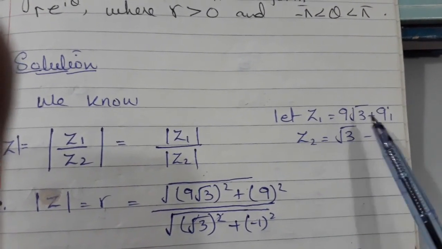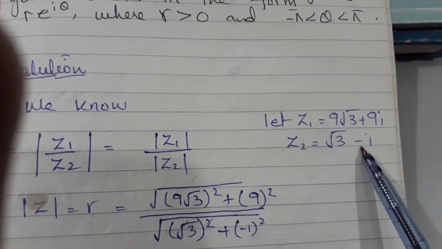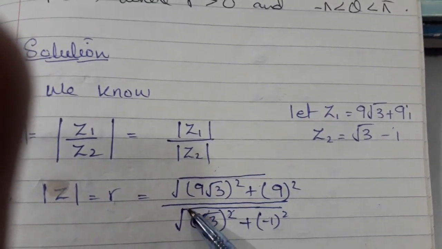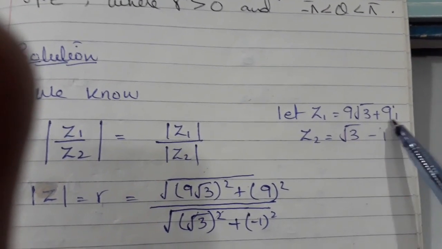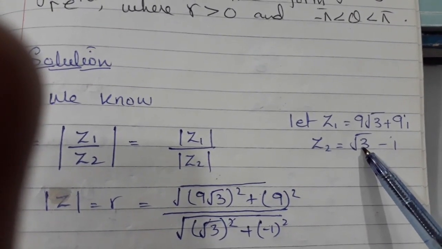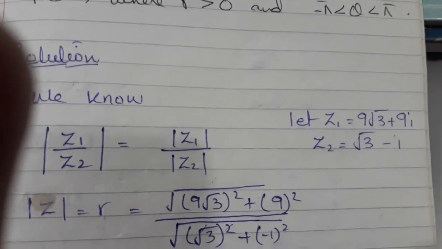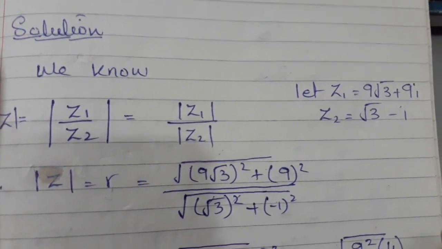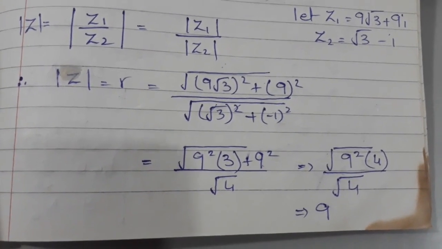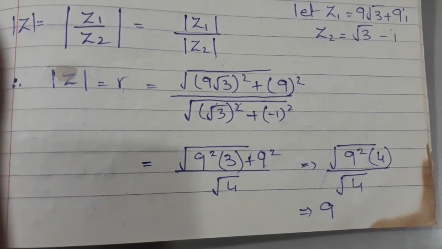In the question, my z1 is 9 root 3 plus 9i, and z2 is root 3 minus i. So when I take the modulus of z1, it will be this square plus this square under root, and for z2, this square, which is root 3 squared, and 1 squared, minus 1 the coefficient, and I will take the root of it. This will give me r. So simple calculation, and I got 9. So my r is now equal to 9.